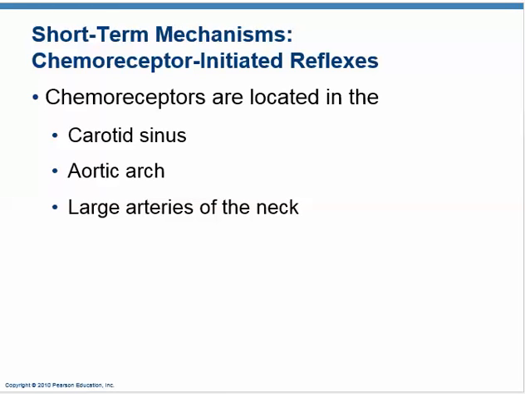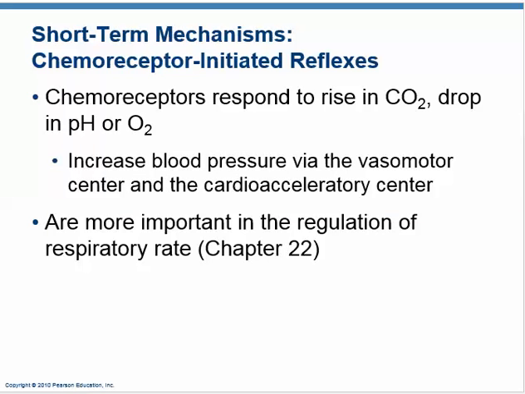We also look at the chemicals that the blood is carrying, because we need more blood flow if there's something wrong with it. So there are chemoreceptors in the same spot that the baroreceptors are. They look at too much carbon dioxide or not enough oxygen.